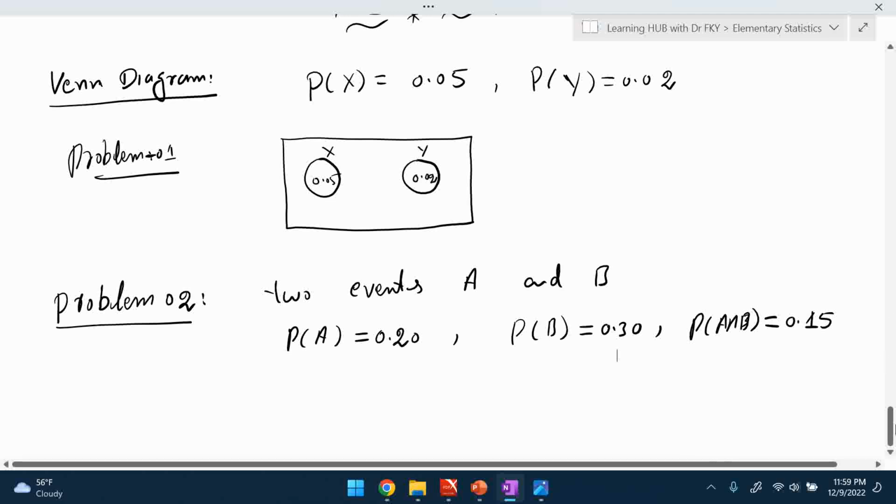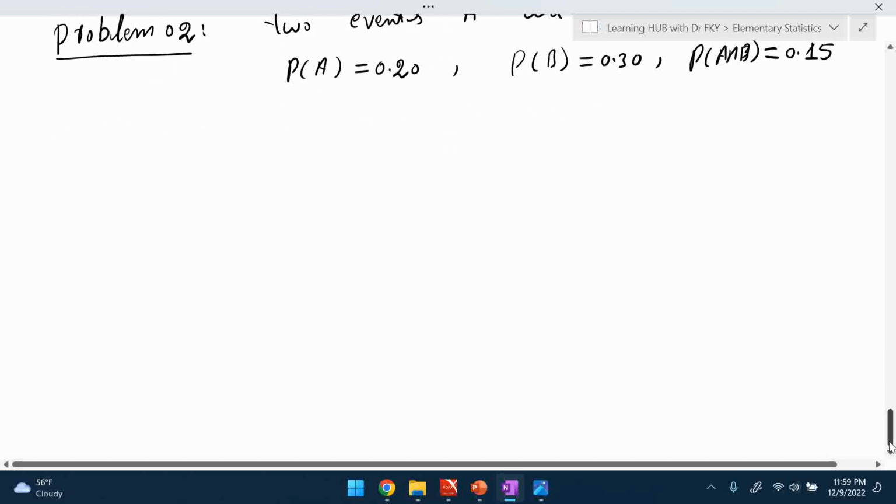So now I need to draw a Venn diagram for this problem to interpret these probabilities.